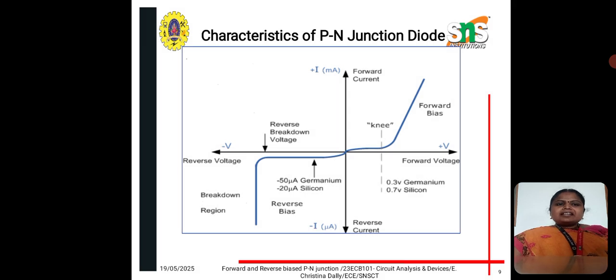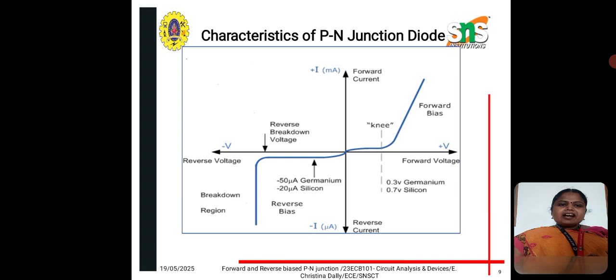So this is the characteristics of the PN junction diode. Here we have analyzed the characteristics for voltage and current. We are representing the positive as forward voltage and the negative as reverse voltage, positive V and negative V. The current will be measured in milliamps, that is the forward current and the reverse current. While applying the voltage, at first it will be constant.